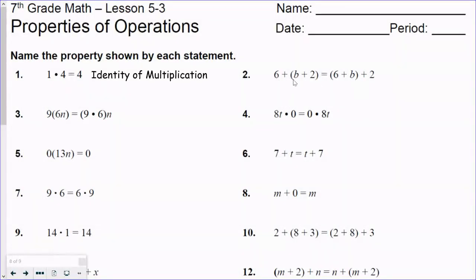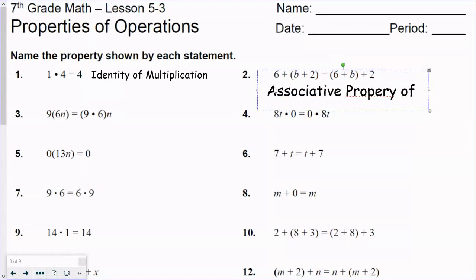Okay, I have 6 plus the sum of b and 2 equals the sum of 6 and b plus 2. All right, we would say that this one is our associative property of addition.